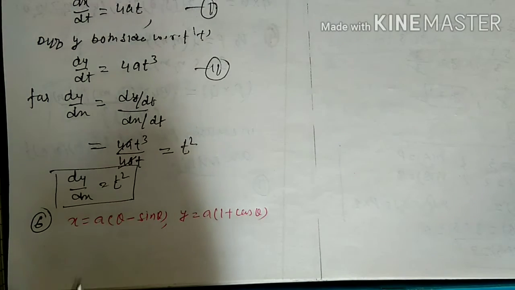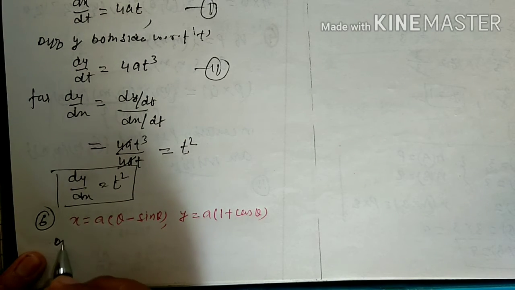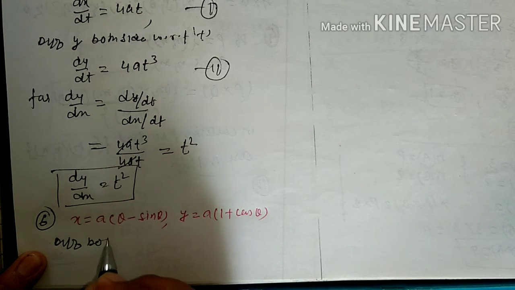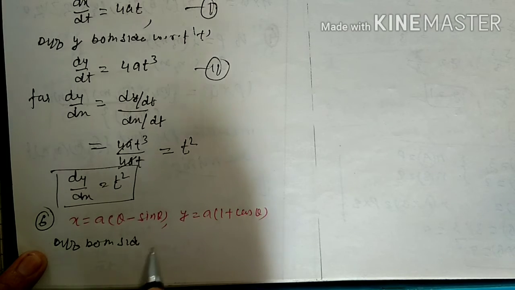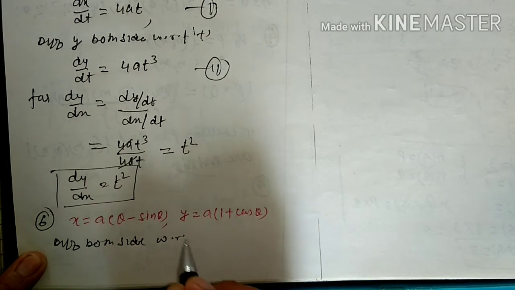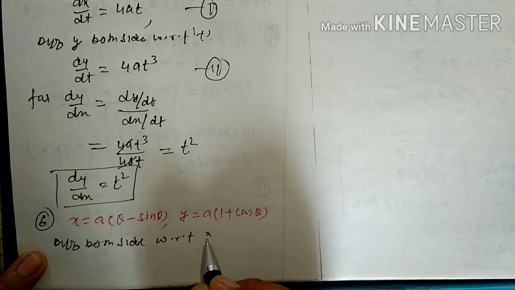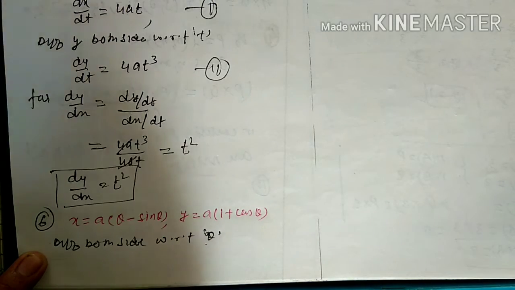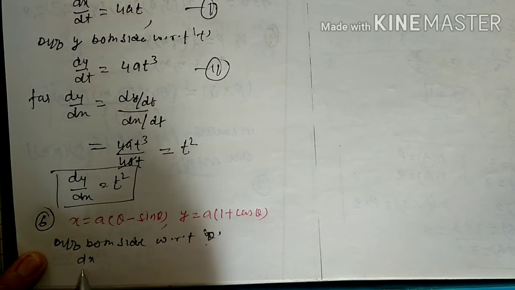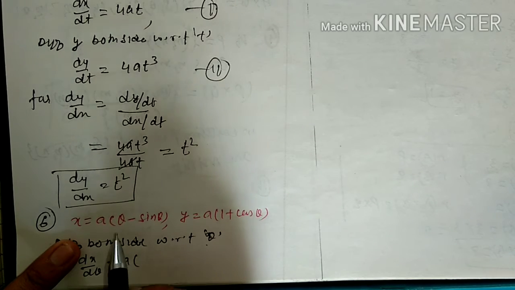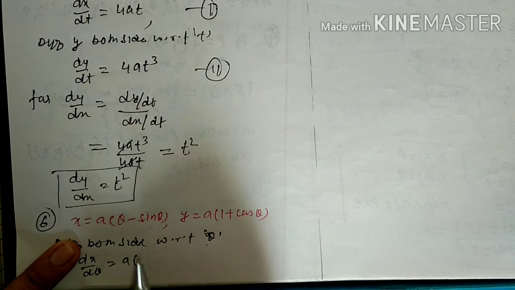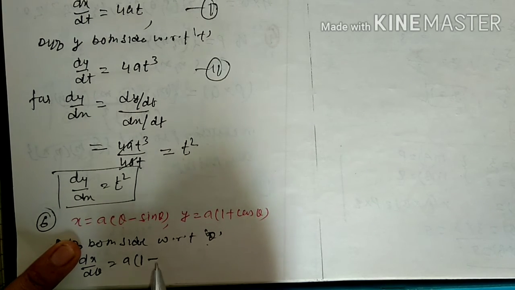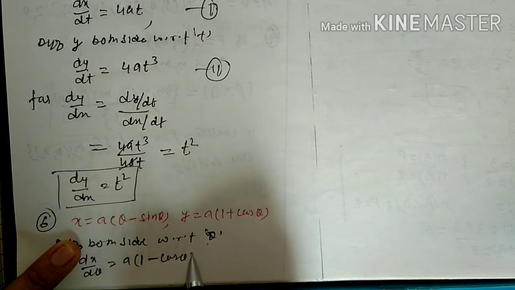Differentiating both sides with respect to theta, we can write dx upon d theta is equal to a times the derivative of theta, which is 1, minus the derivative of sin theta, which is cos theta.